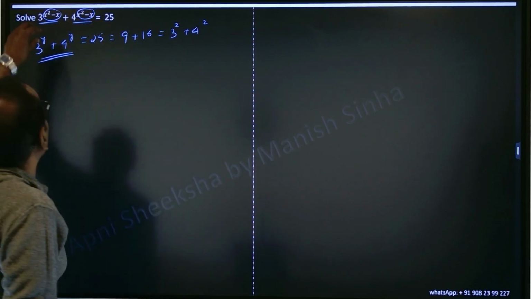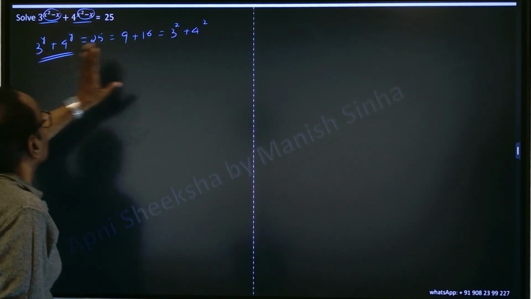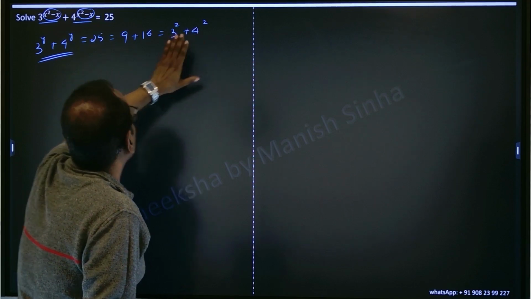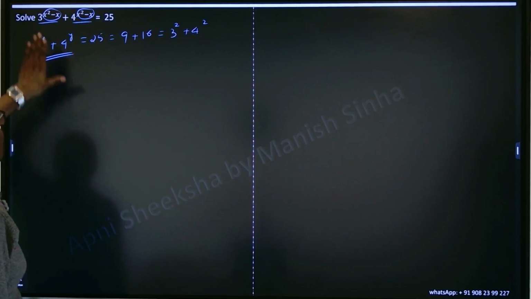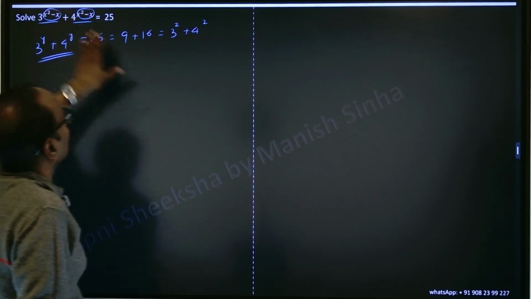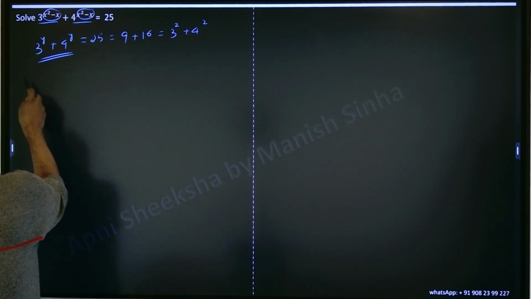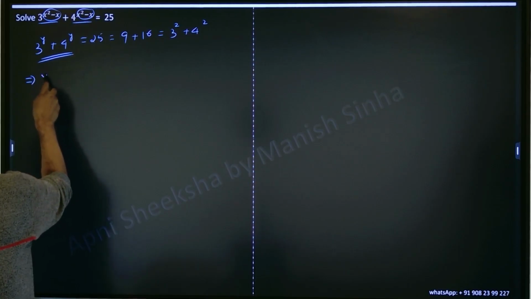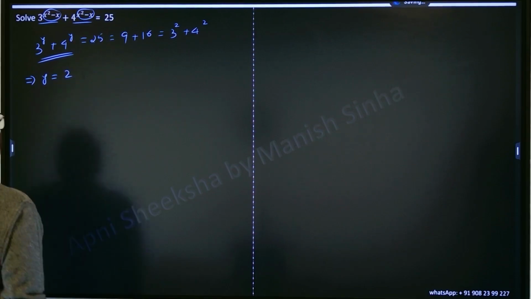So your power becomes equal on the left and right side. The base also is same, 3 to the power y plus 4 to the power y, 4 to the power 2. So from identity you can say that y is equal to 2.